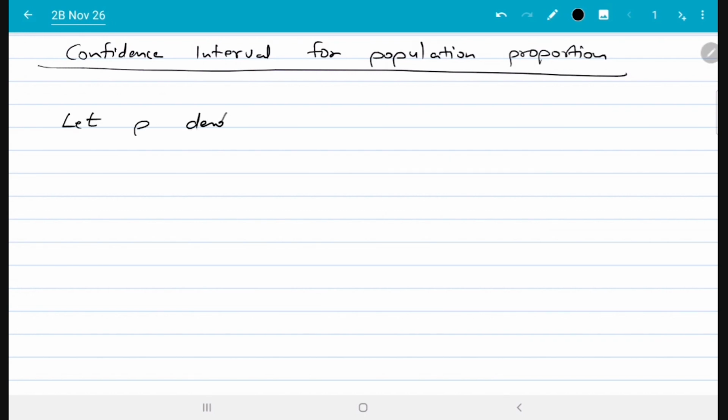Let P denote the proportion of successes in the population. Okay, the word success has already been discussed when we were doing random variables.